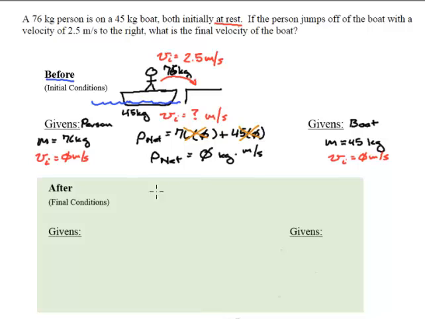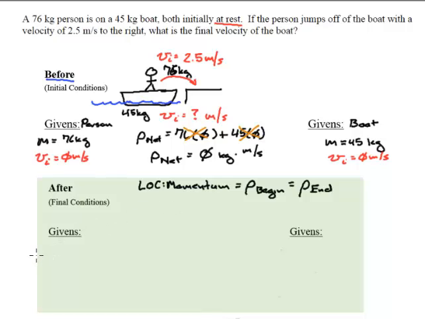Now, the law of conservation of momentum says that the momentum in the beginning equals the momentum in the end. And I can use that in order to help me solve this.